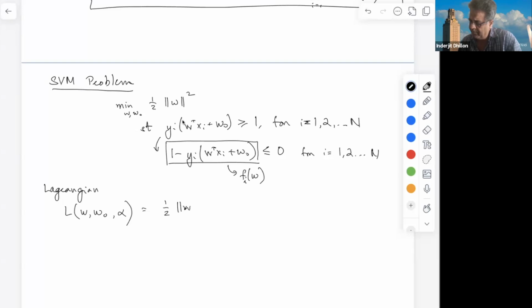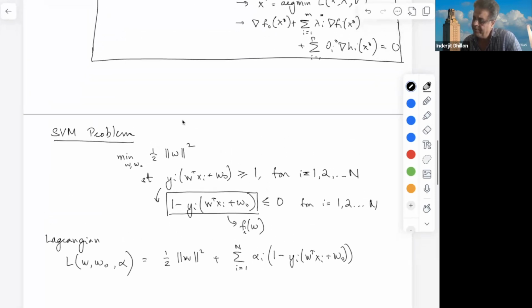Feel free to tell me what to write. Plus, for each of the n inequality constraints, I have alpha i times f i of w, which is 1 minus y i times (w transpose x i plus w naught). Correct? This is my Lagrangian.